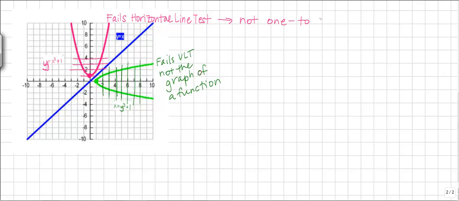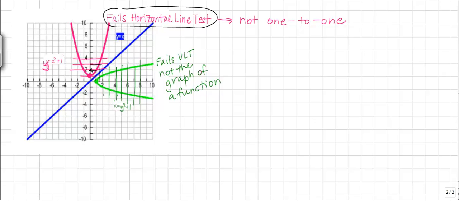Okay? Alright, so if you fail the horizontal line test, the specific terminology we use is that the function is not one-to-one. Now, one-to-one means this. If I take one x coordinate and got one y coordinate and one y and got only one x, that's what we call one-to-one. And this guy fails that property.